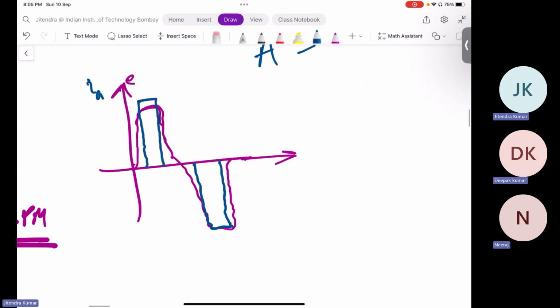Now, if such current exists in the circuit, what is the problem with such current? Abrupt change in current? I would not say that, because that is the purpose of the power electronics converter.